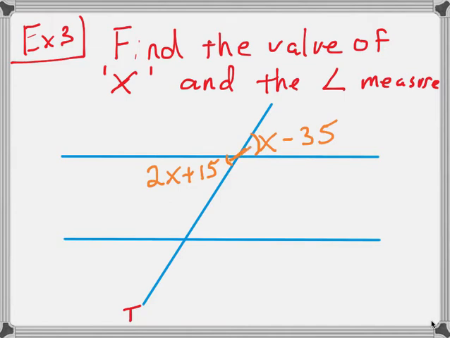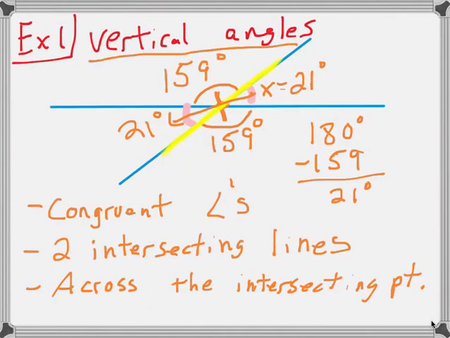Now this is where this is going to test your algebra skills. So, stepping away, I'm going to have to get a calculator. What I'm going to do is set up an equation because it doesn't really give simple numbers. I'm going to use the vertical angle. They're congruent.